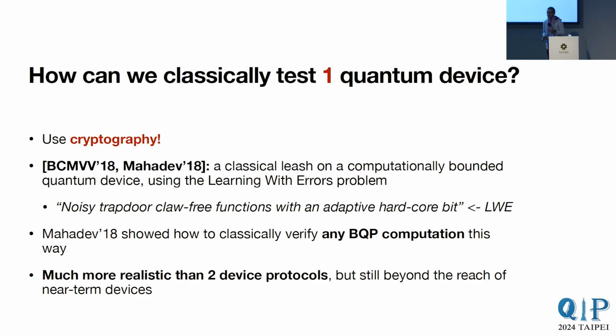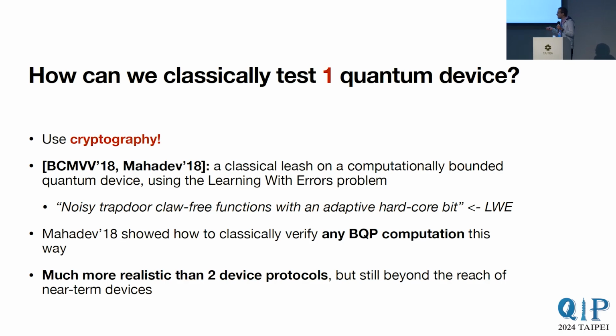And what Mahadev achieved in her paper is that she gave a protocol that, just like the RUV protocol or the Grillo protocol, lets you certify that an untrusted quantum device executed any BQP computation of your choice. And the only assumption you have to make is that the device cannot break the cryptographic assumption that the learning with errors problem is hard.